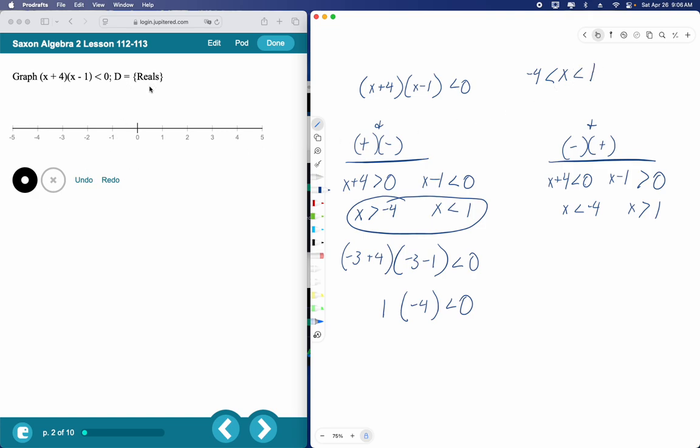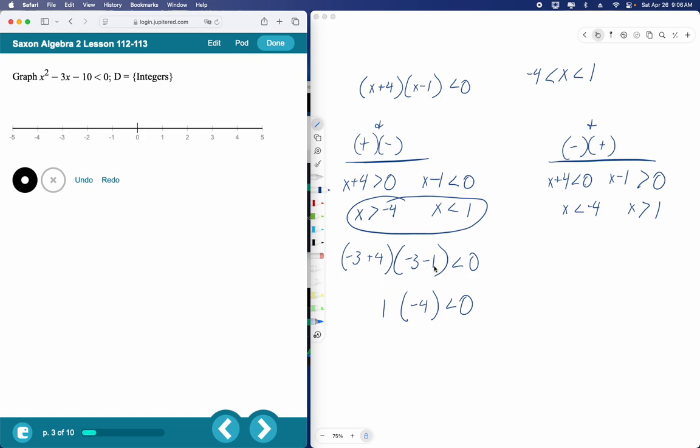We're going to graph it as reals. So we're going to circle the negative 4 and circle, because we have no equal sign, we're going to circle the positive 1 and then draw a line between the two. And that is our solution. That's a lot easier because we only have to test one number, right?